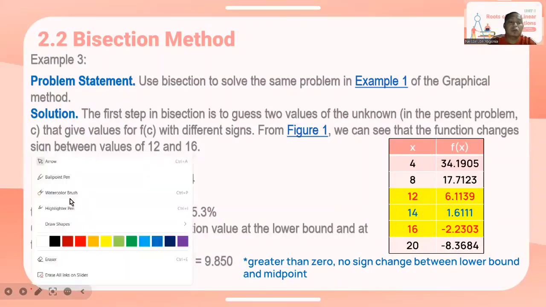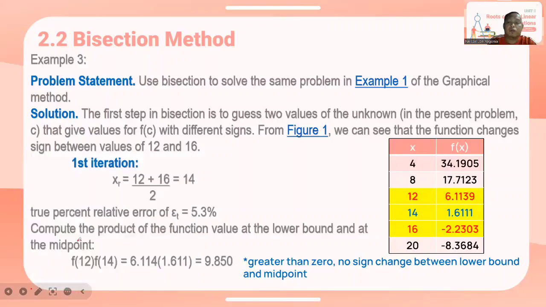The function of 12 and the function of 14 we can get here. The function of 12 is 61.139 and the function of 14 is 1.611. If we multiply these two values, we get 9.85.